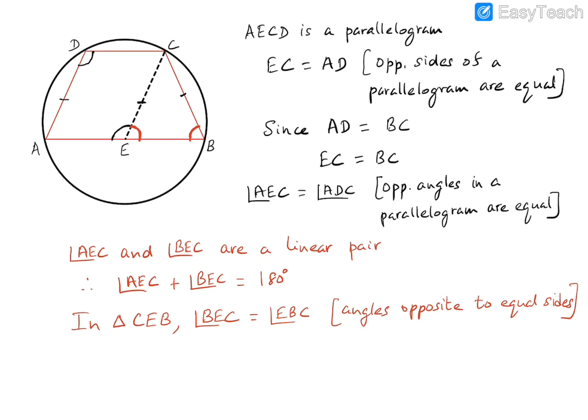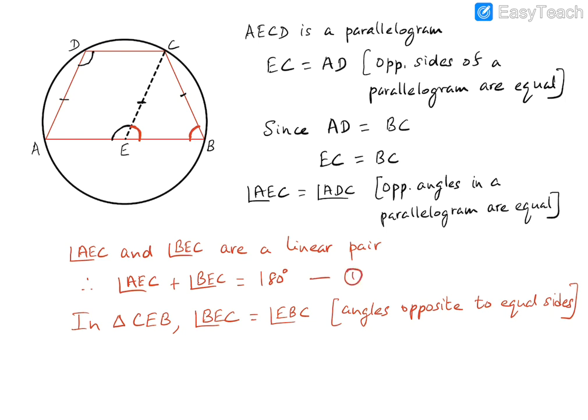From this expression over here, we have angle AEC plus angle BEC to be 180 degrees. So let me write a number to this equation. I'll call this equation 1.